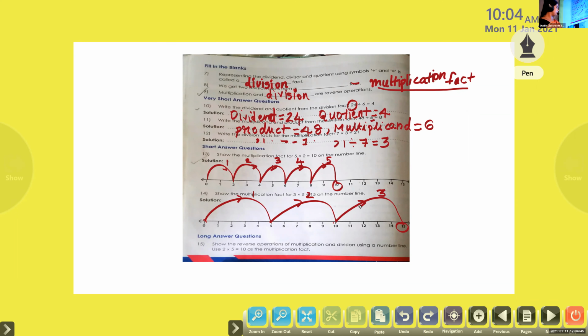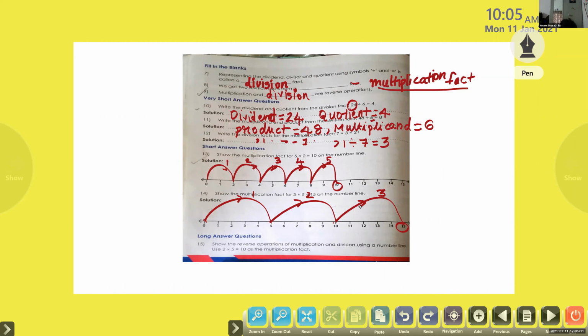Very good. 15th question. Show the reverse operation of multiplication and division using a number line.